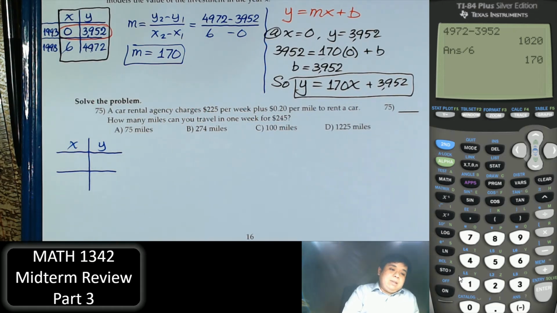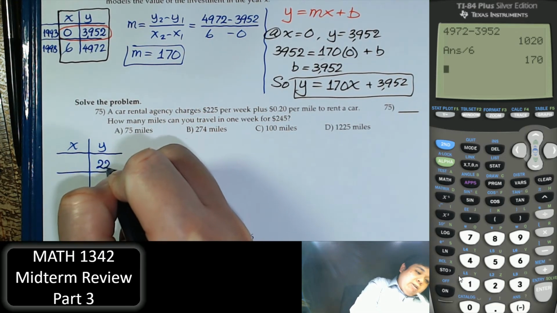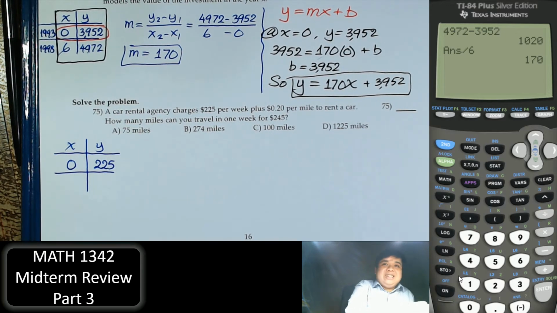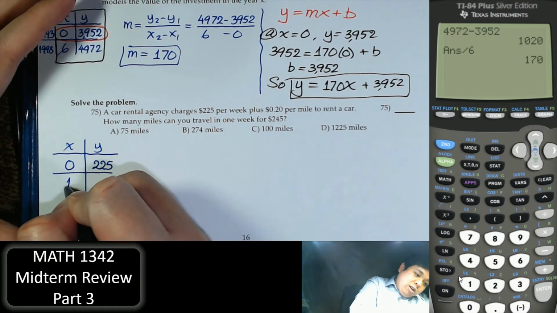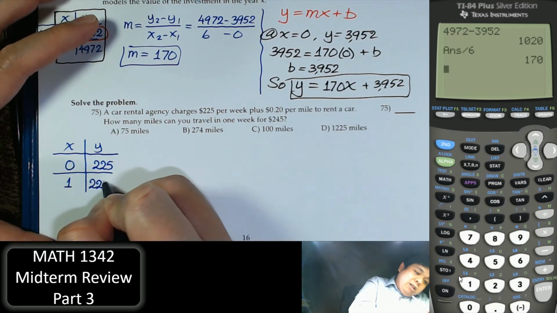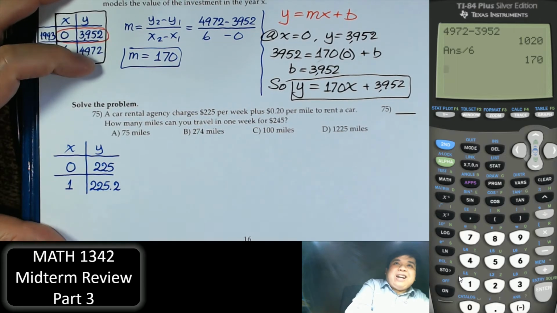Now, if we just rent a car and do not ride anywhere, we're going to pay $225. If we do not ride anywhere, 0 miles. Right. Now, if we ride 1 mile, then we have to pay 20 cents more. So if there's 1 mile, we have to pay 20 cents for that, right?